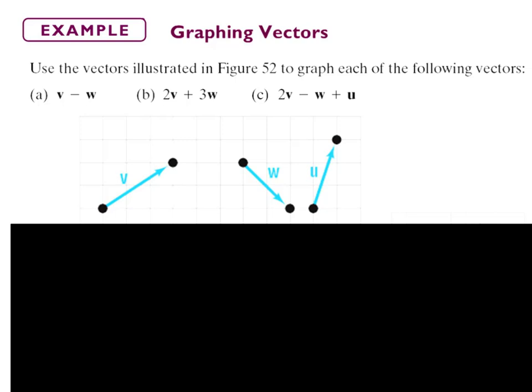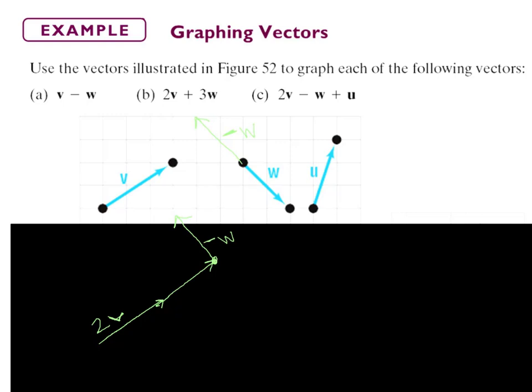Let's say if this is v, then 2v is twice as long, right? If w is going that direction, then minus w is going exactly in the opposite direction, right? So I'm going to attach that right here, and we'll call that minus w.